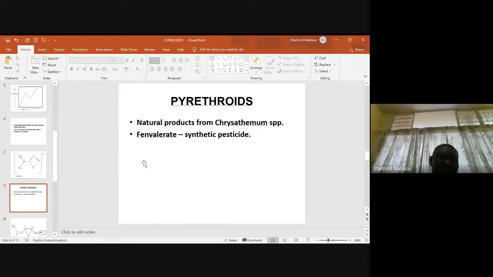Pyrethroids, these are natural products. I'm sure I also talked about the pyrethroids, which come from chrysanthemum species. But we also have fenvalerate, which is a synthesized pyrethroid.